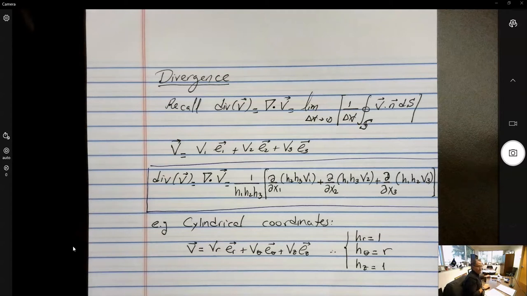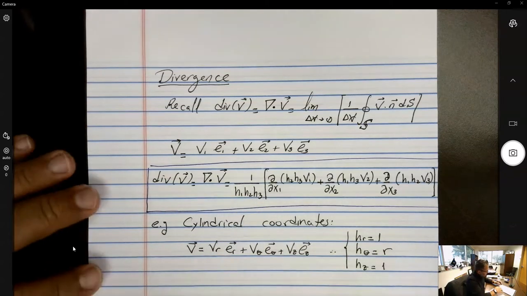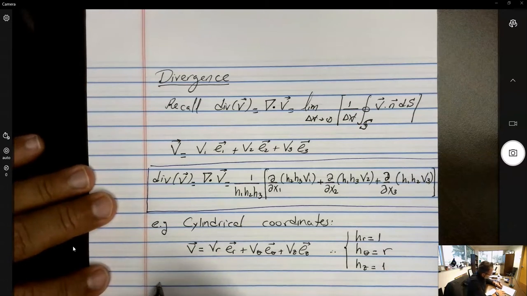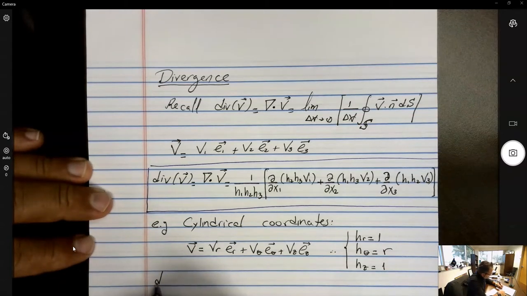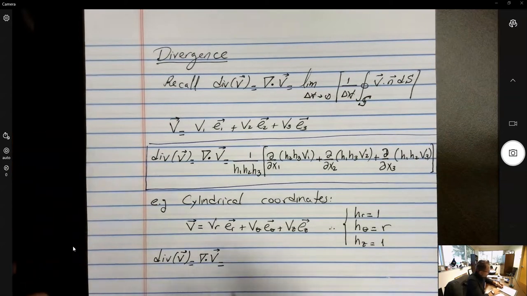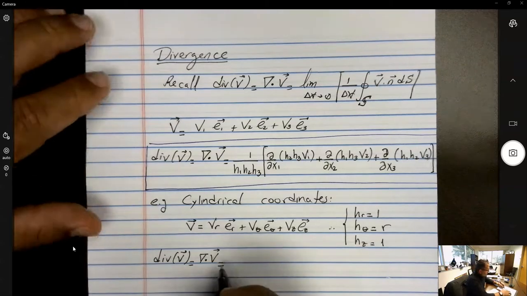So I'm going to plug these into this equation. Del dot V, again, is a shorthand notation, but it really doesn't mean that that's how you calculate the divergency.